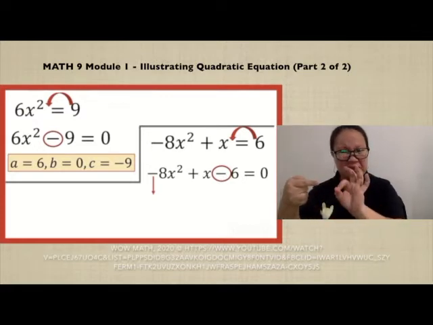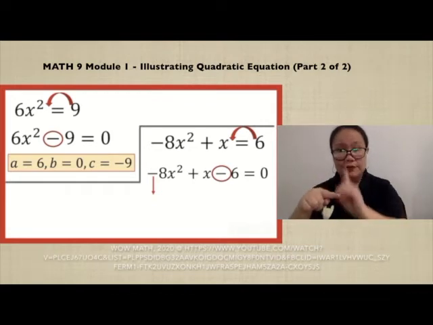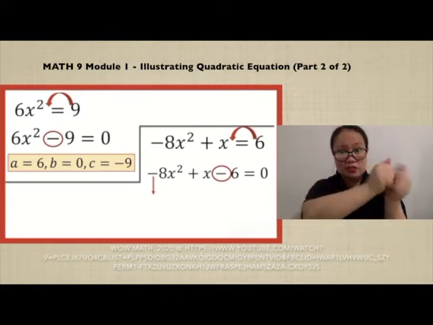So, since ang a natin dito ay negative, pwede mo siyang i-multiply by negative 1 or pwede rin namang i-divide mo siya by negative 1. So, ang mangyayari lang nito, mag-change lang tayo lahat ng signs.